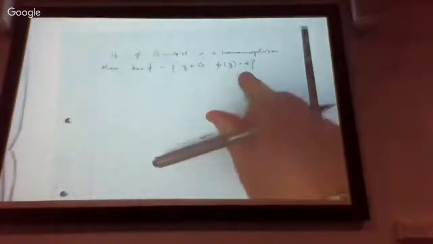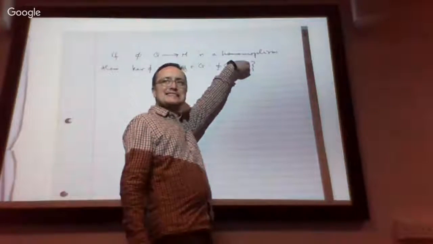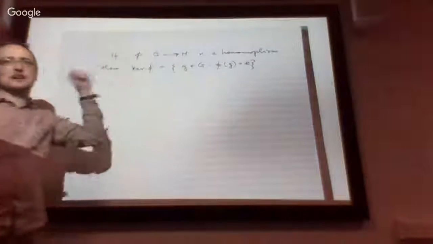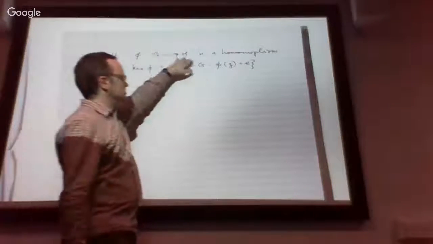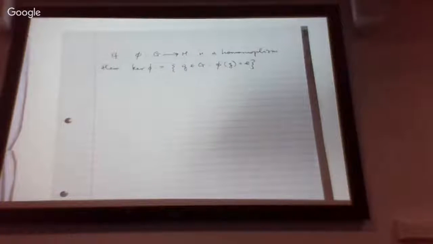When I write phi of g equals e, it should be clear that this e is the identity within H, because phi is a mapping from G to H. Phi of g, of course, lives in H, so if it's equal to e, I must be talking about the identity element. So this is the set of everything in G that gets sent to the identity element.